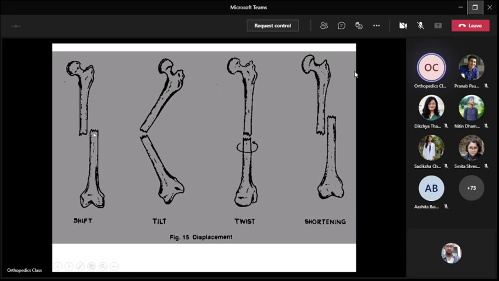The bone may go medially, laterally, up, down, anterior, or posterior. So depending upon the mechanism, the fractures have a shape. Tilt is something like this. When it is angulated, that is called tilt.